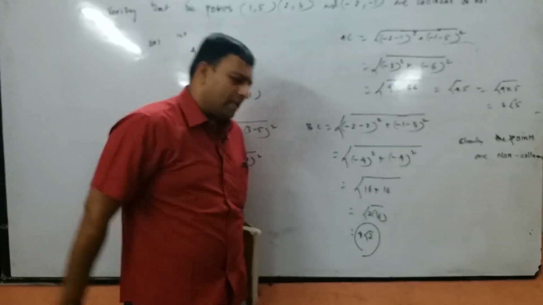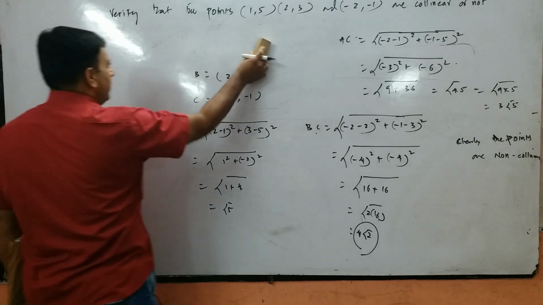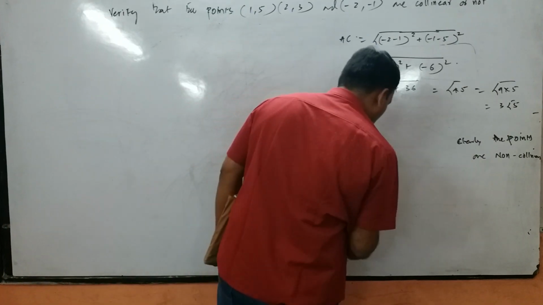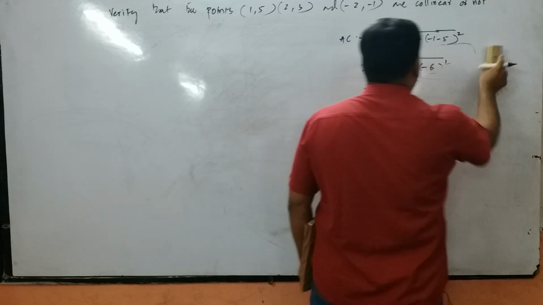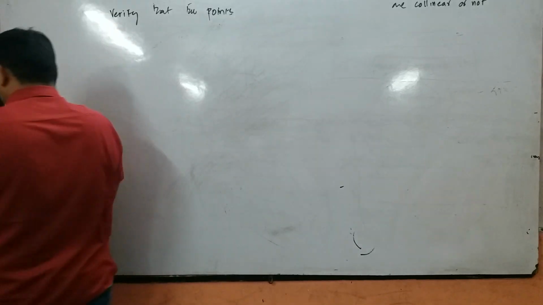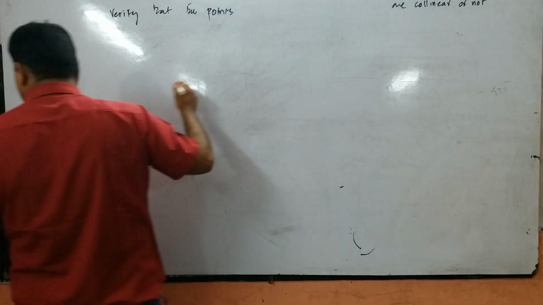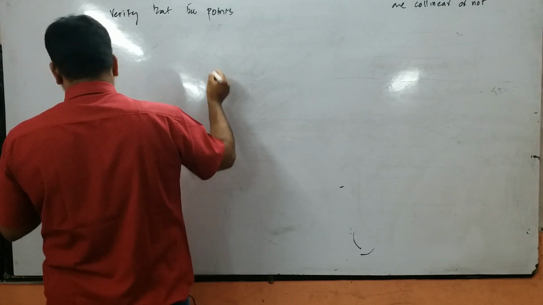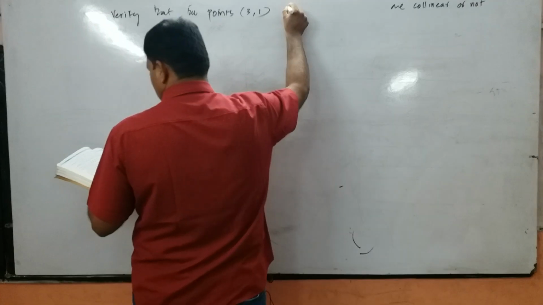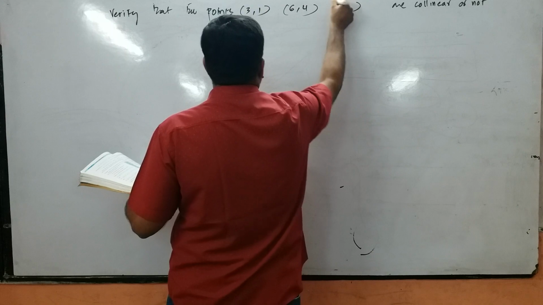Now let us take an example where the linear relationship is satisfied. I will just change the points so that you will understand whether they are collinear or not. Okay, now I change these points. I take the points as 3 comma 1, 6 comma 4, 8 comma 6.